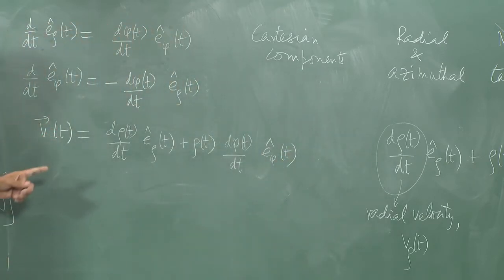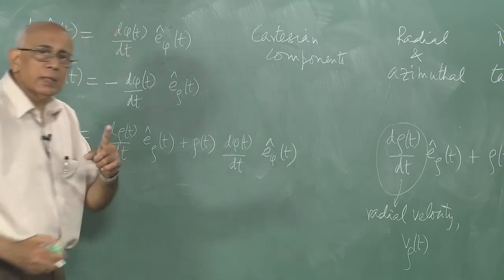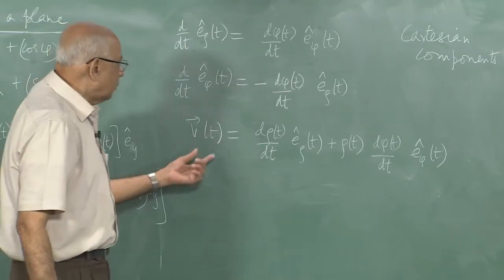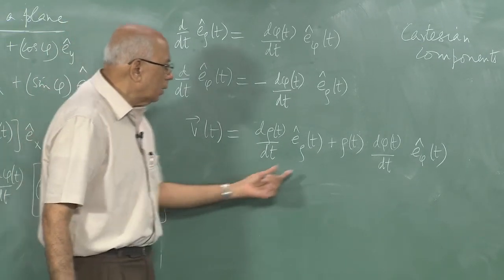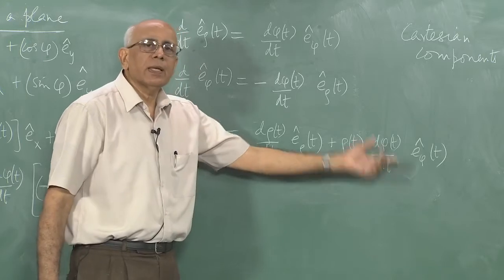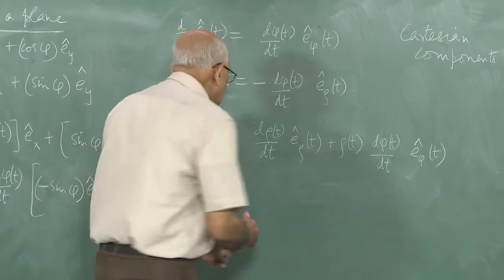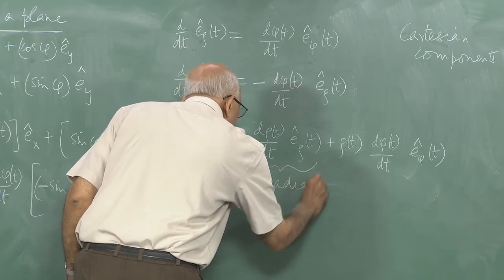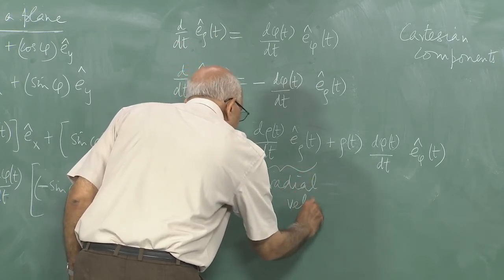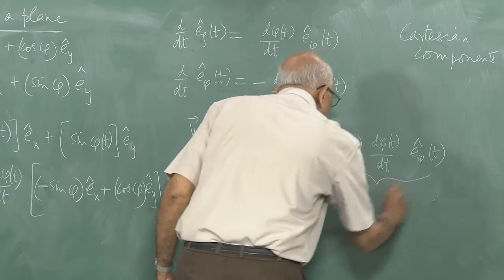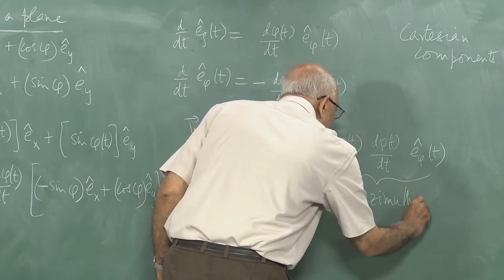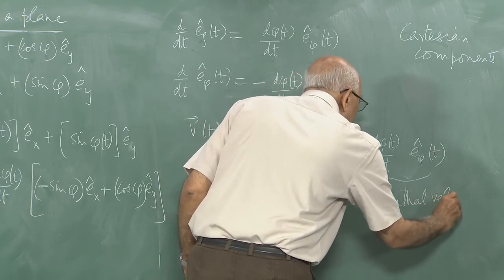Just as the original rho of t had only a radial component, E rho of t times rho, the velocity now has both a radial component as well as an azimuthal component. So this is the radial velocity and this is the azimuthal velocity.